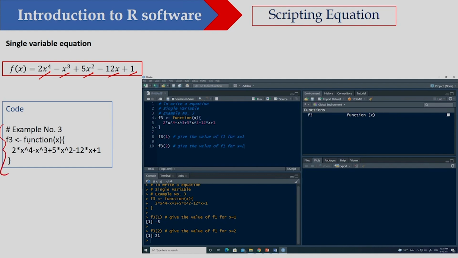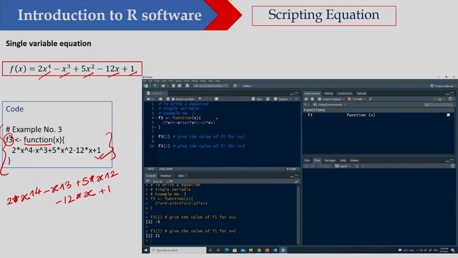I am storing it in f3: 2 star x to the power 4, then minus x to the power 3, plus 5 star x to the power 2, minus 12 star x, plus 1. I am defining this particular function.